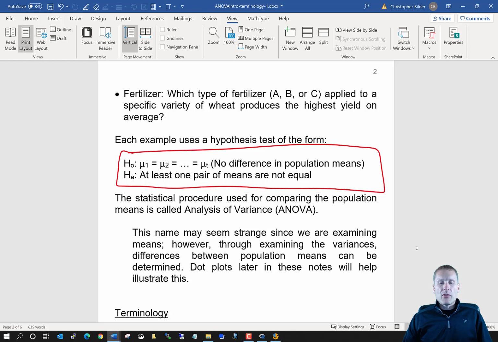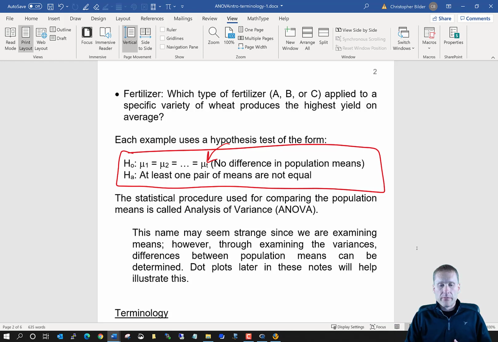Mu1 is equal to mu2 is equal to mu3, all the way down to, let's say, we have t different population means that we're interested in. So the null hypothesis is that all the means are equal. The alternative hypothesis is at least one pair of means are not equal. So it only takes one pair, two of these means, to be unequal for the entire null hypothesis to be incorrect.